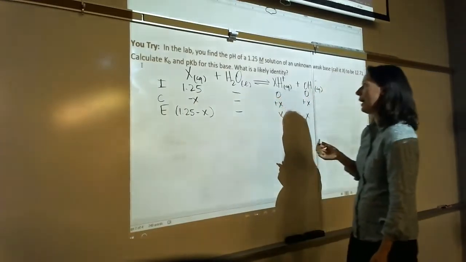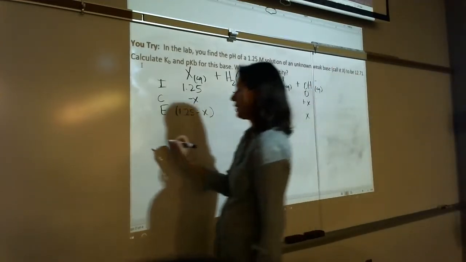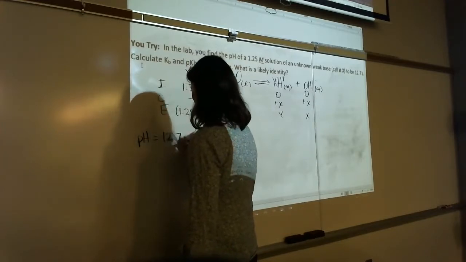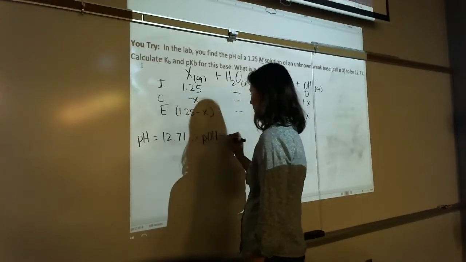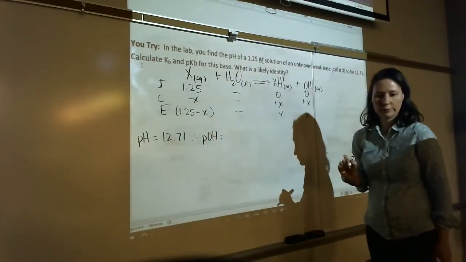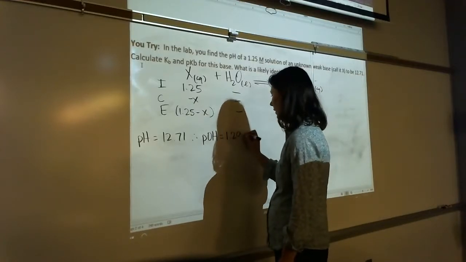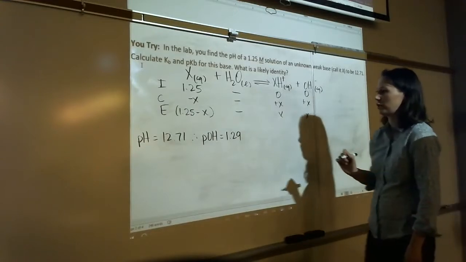Now we know the pH is 12.71, but that's no good to us because this is a base. So what's the pOH? How do you get the pOH? You just subtract it from 14, right? So 1.29. And now if we know pOH, can we get hydroxide concentration?